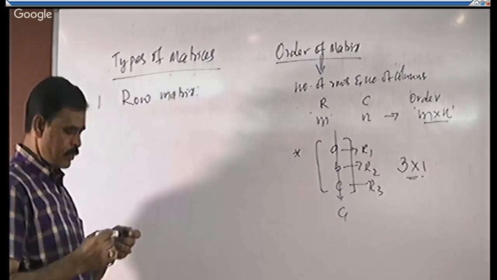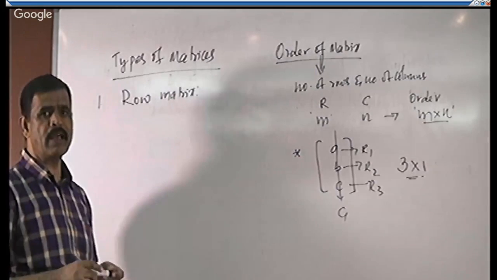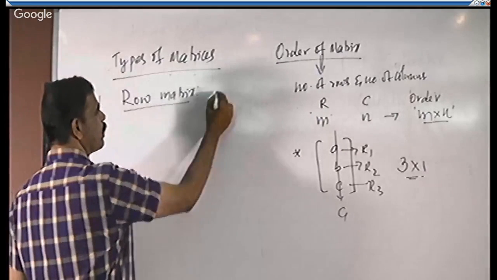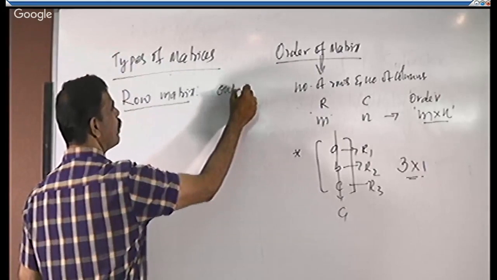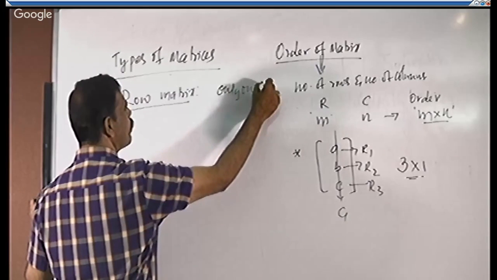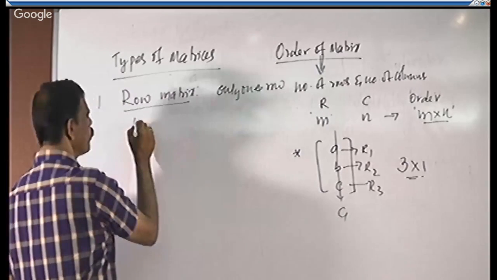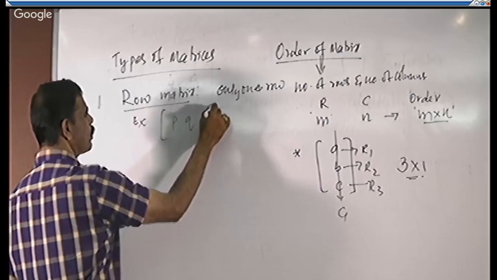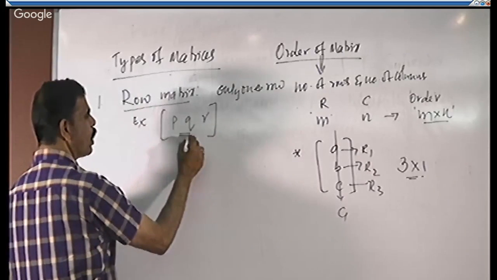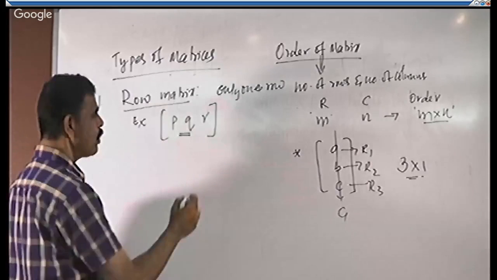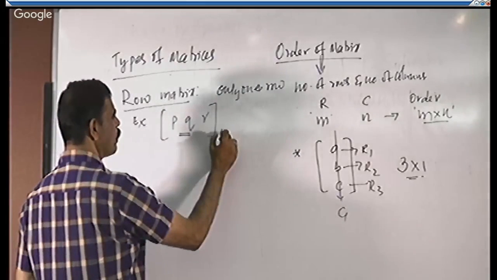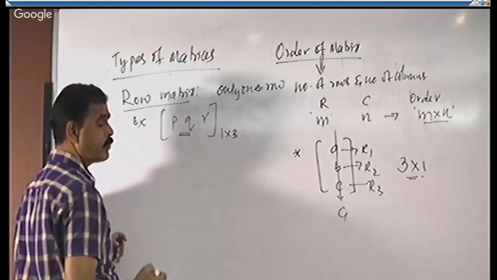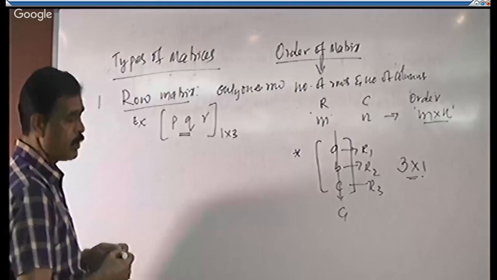A row matrix is a matrix having only one row. See the example: P, Q, R. It is a row matrix of order, what is its order? 1 row. How many columns are there? 3 columns. The order is 1 cross 3.